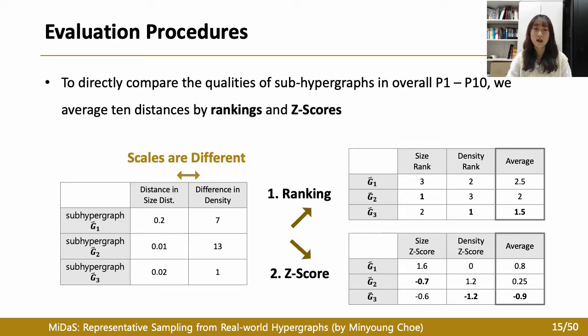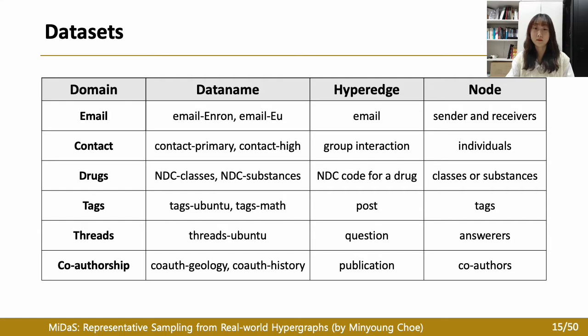Therefore, we rank the sub-hypergraphs that we wanted to compare with respect to each statistic and compare the average value of all statistics. Throughout the paper, we used 11 datasets from 6 different domains. This table summarizes which dataset we used and what hyperedge and node represent in each dataset.